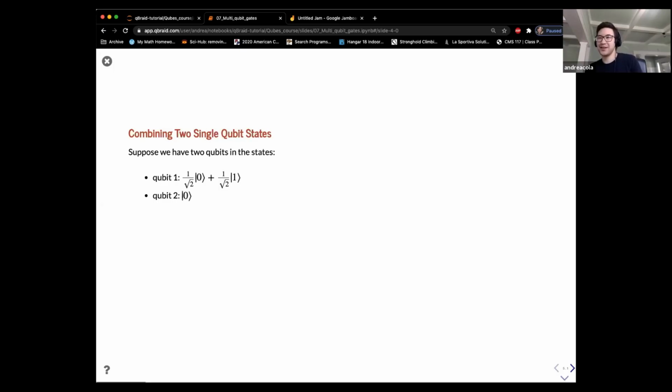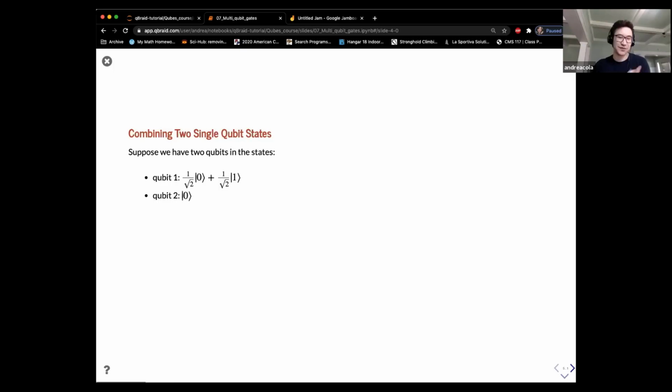Formally, what state do these 2 qubits form as a 2-qubit state, as a vector in 4 dimensions? This is the question that I ask you. Does the question make sense?